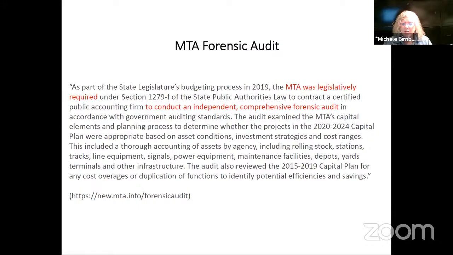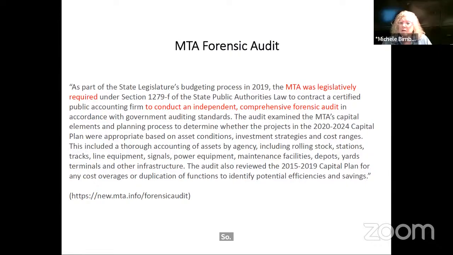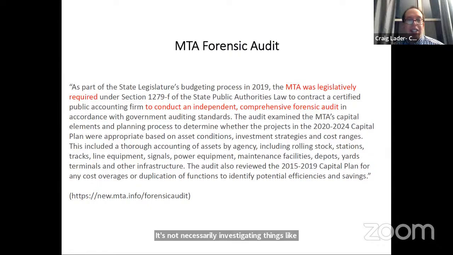Because there's a lot of MTA money that can't be accounted for. Right, and I'm not suggesting that this looked at everything. I just want to point out that some work has been done to address some of these issues in the past. It's not necessarily comprehensive. It's not necessarily investigating things like East Side Access and some of those reports that are out there.